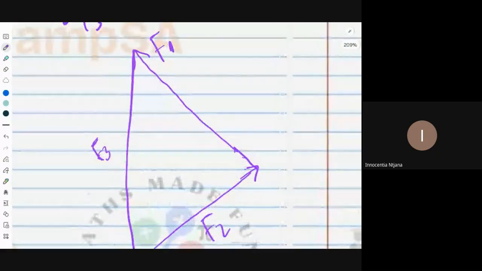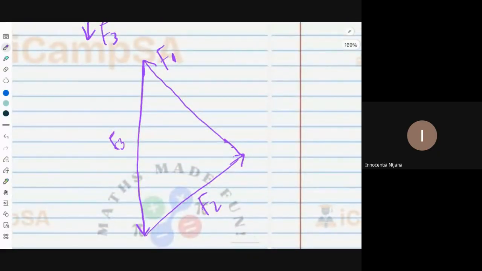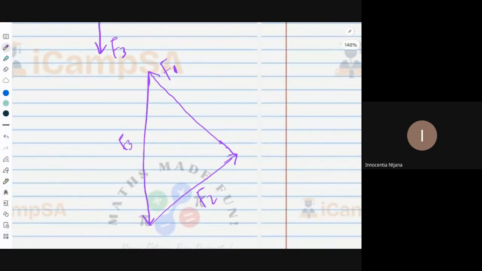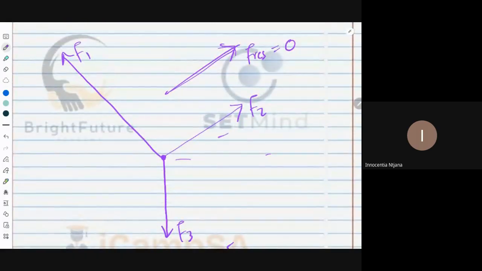So a closed vector diagram is what I was describing at the start of this lesson, this thing here. They also call it a triangle. I think it's a triangular vector diagram, something like that. You can only form it if the resultant force of all these vectors, remember, we just did the same thing now.